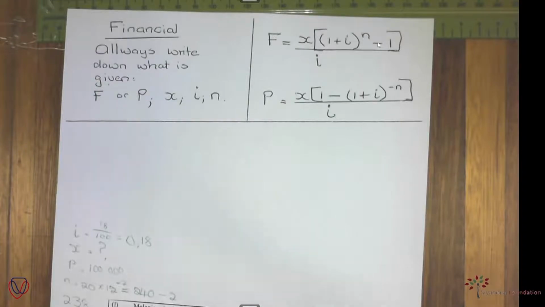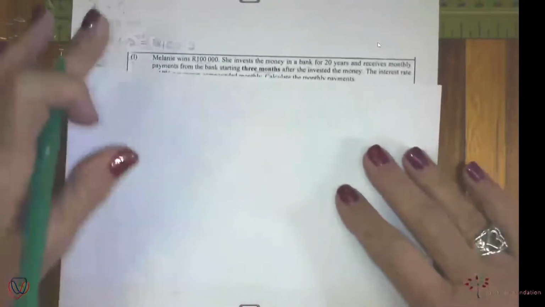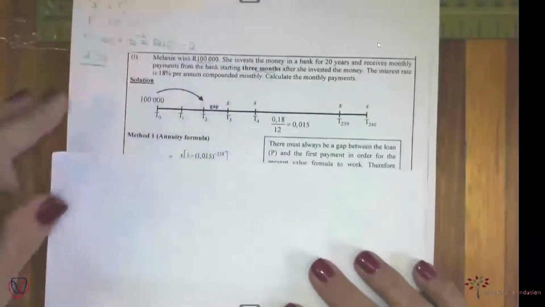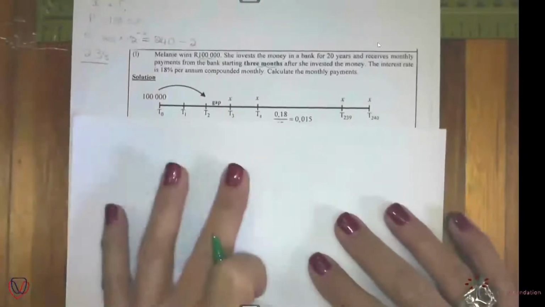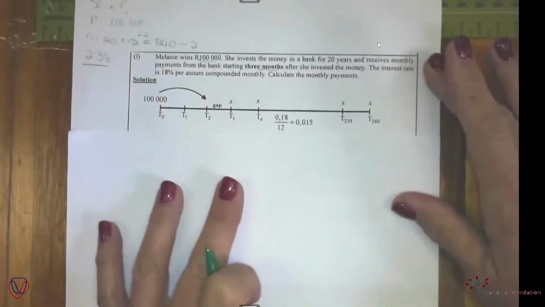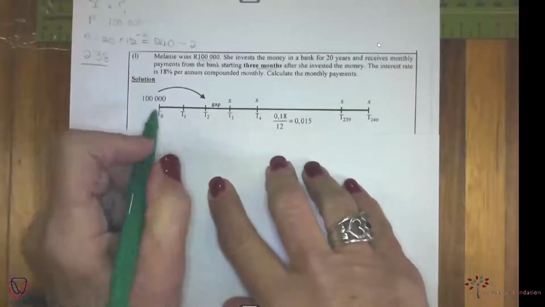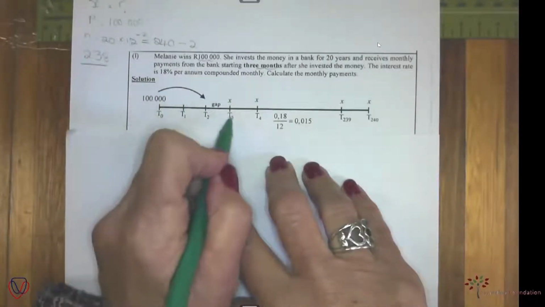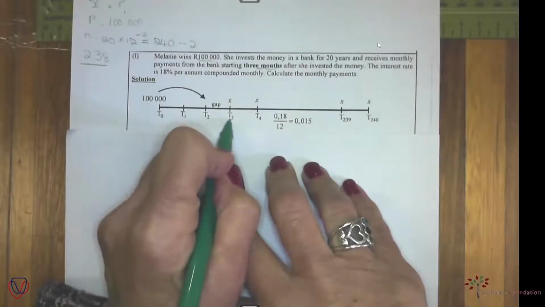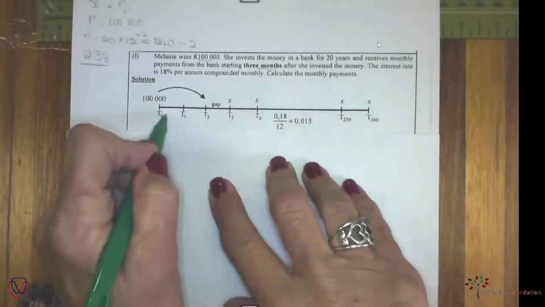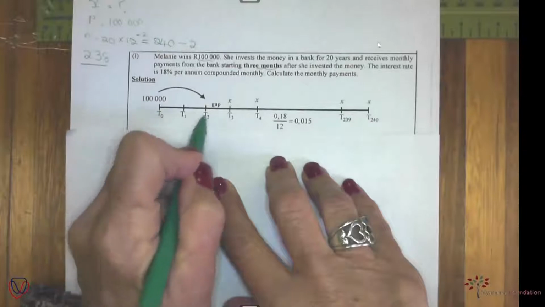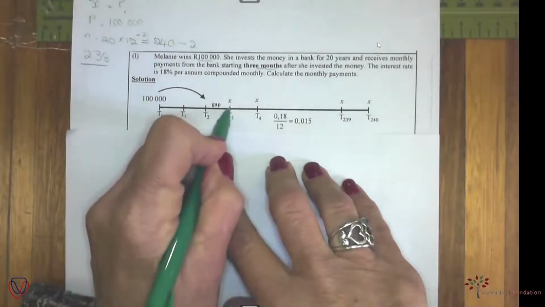If you know that, you won't get confused with these two formulas. Now, we're going to use that formula doing this sum. They actually did a nice thing here. They drew a timeline here. And then they said the gap before she got interest is only 1, 2 months, because she got interest at the end of the 3rd month.